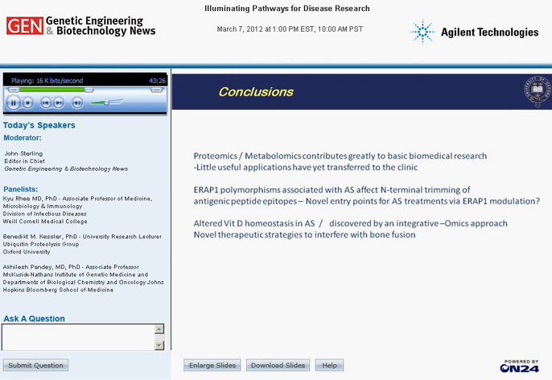The first part of the talk showed the effect of ERAP1 aminopeptidase polymorphisms that are associated with AS, that this affects N-terminal trimming of antigenic peptide epitopes. Therefore, manipulation of this aminopeptidase by small molecule inhibitors might provide a way for treatment of ankylosing spondylitis.